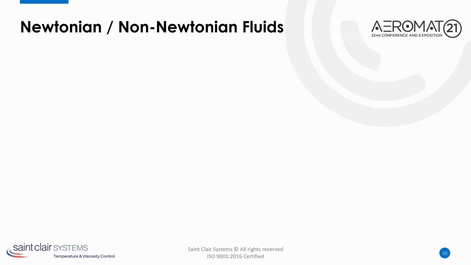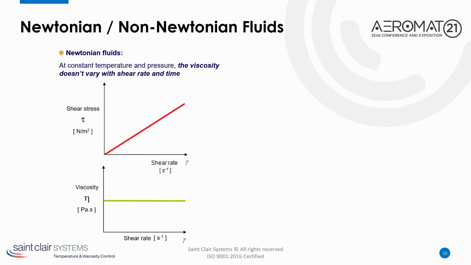But there's another, often misunderstood parameter that becomes very important in modern advanced fluid formulations: Newtonian versus non-Newtonian behavior. This refers to whether the fluids change viscosity as a function of induced shear stress. For Newtonian fluids, changes in shear induced into the fluid have no effect on the viscosity.